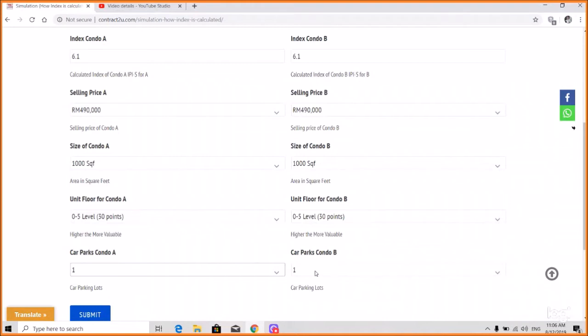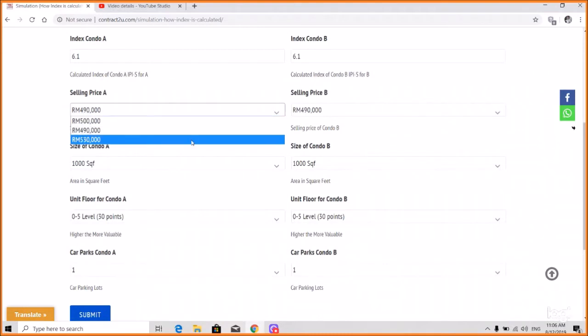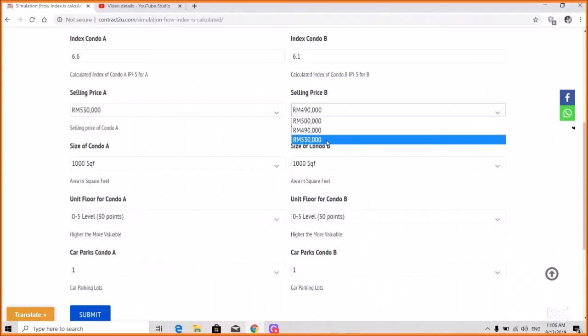So let us test whether the calculators behind index condo A and index condo B are of the same formula. We test it with the same price of 530,000, and you can see it's 6.6. Now on condo B, we make it 530,000.